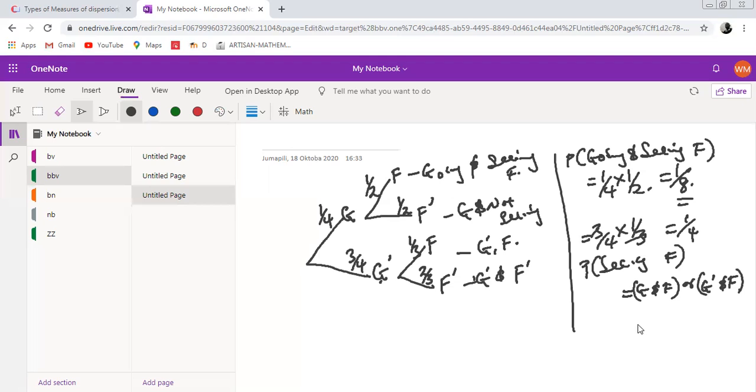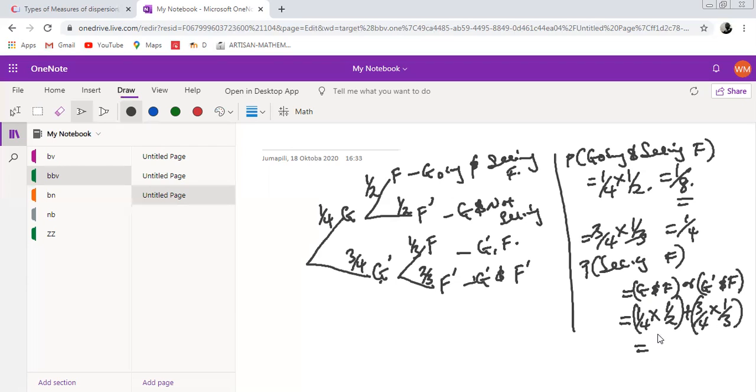In this case, it's going to be either a quarter times a half. Anywhere we have or we use the addition. Not going is 3 over 4, but seeing the flamingo 1 over 3, like that.